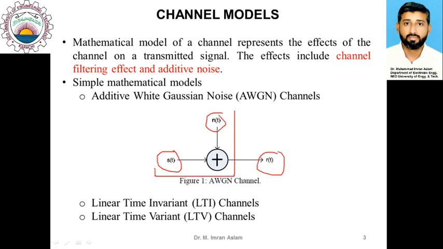So the transmitted and noise signals get added to give the received signal amplitude. Primarily for this AWGN channel, the main phenomenon affecting the quality of the received signal is Gaussian noise, which is added to the system, and there is no other significant phenomenon which we consider for the analysis of the received signal.